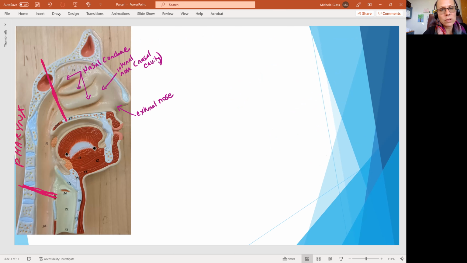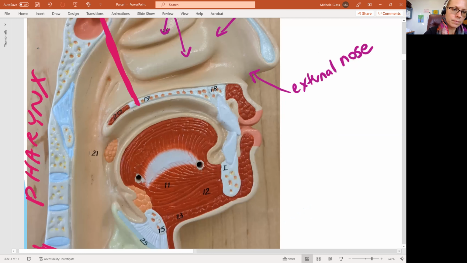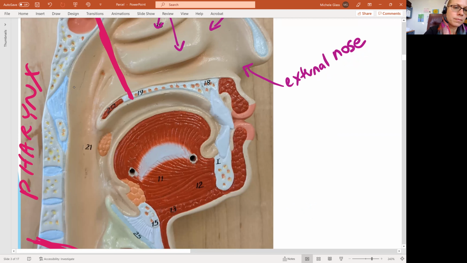So where the nasal cavity empties, we talk about this as the nasopharynx. Where the mouth empties into the back of the throat, this is the oropharynx.